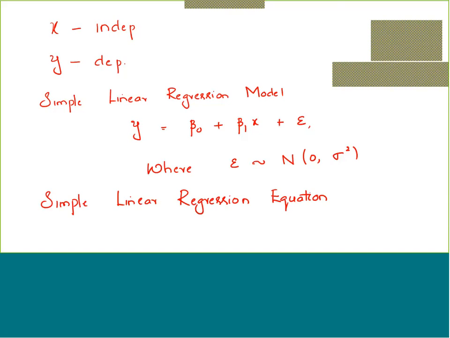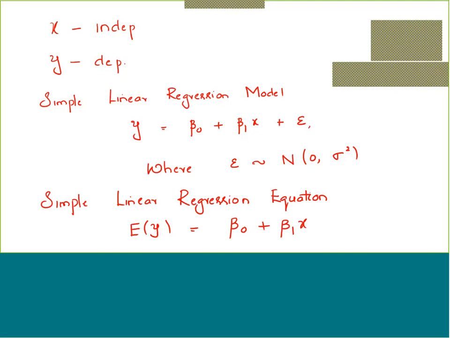Expectation of y is equal to beta naught plus beta 1 x. But for a big population, it is difficult to calculate the unknowns beta naught and beta 1.